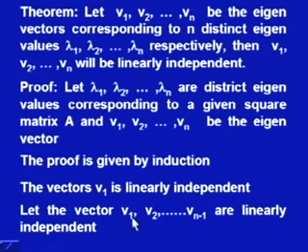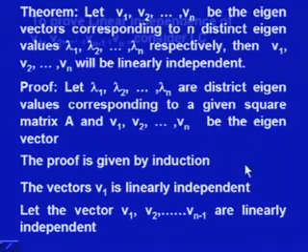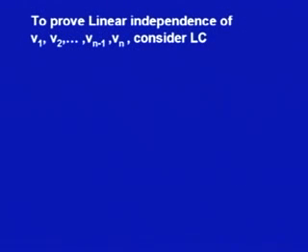Next we assume that V1, V2, Vn minus 1 corresponding to different lambda 1, lambda 2, lambda n minus 1 are linearly independent. Then we have to prove that when Vn is added to this linearly independent set V1, V2, Vn minus 1, the complete set is linearly independent.